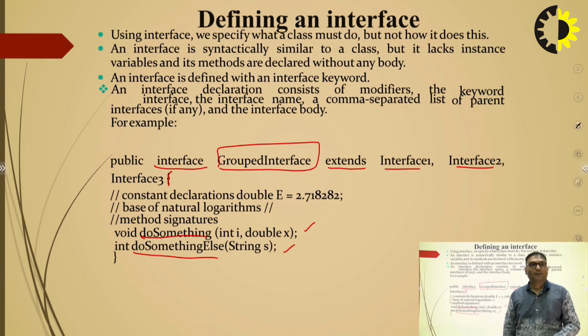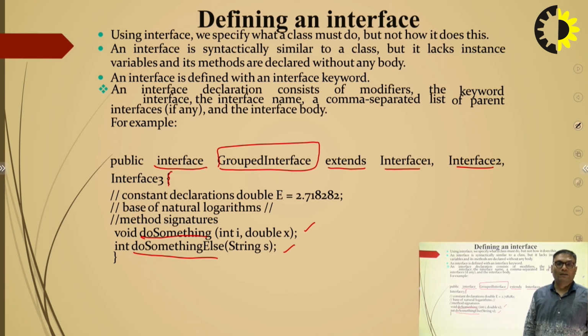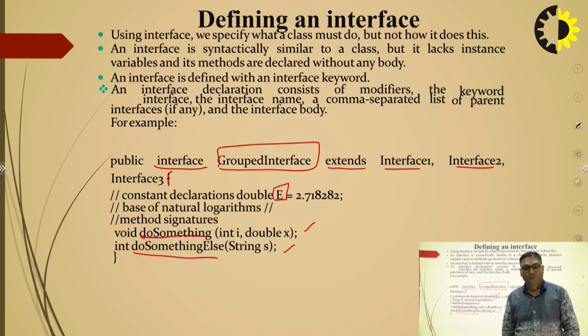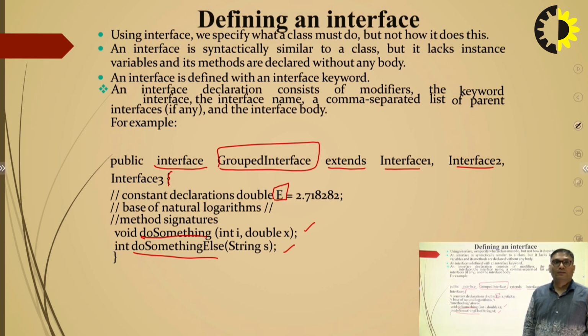As I told you, an interface can have methods but without body. So these bodies can be defined inside a class that will implement this group interface. And there is a variable that is a kind of constant. So in the case of an interface, the value of a variable will be constant. This is the difference between a class and an interface. An interface can have a method but without body, and an interface variable will be a final variable, or you can say a constant variable, with a constant value.